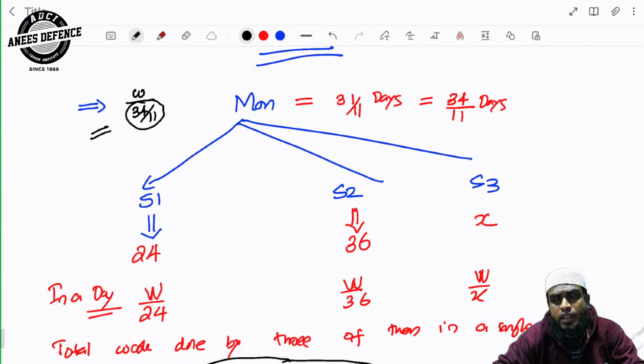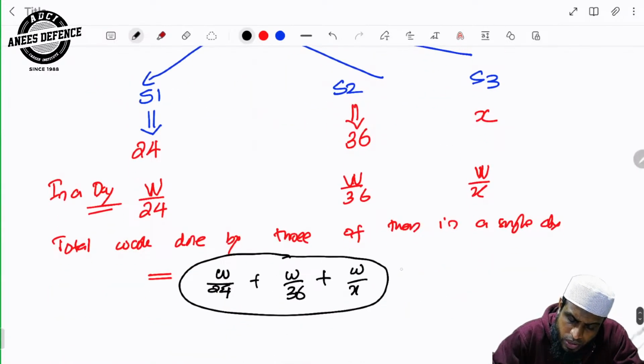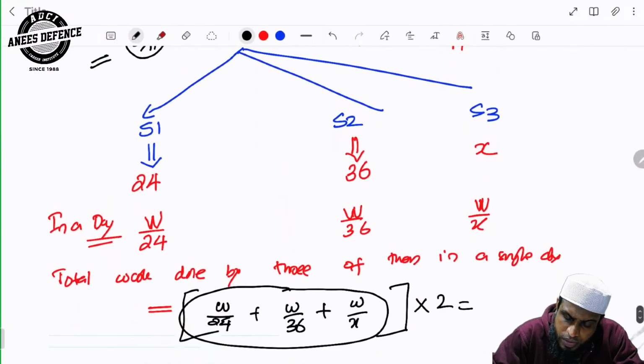Therefore, the work done by the man can be equated to 2 times the work done by three sons. So this into 2 equals the work done by the man, that is W by 34 by 11.